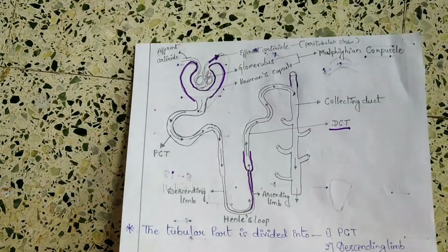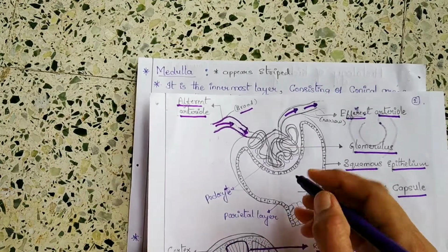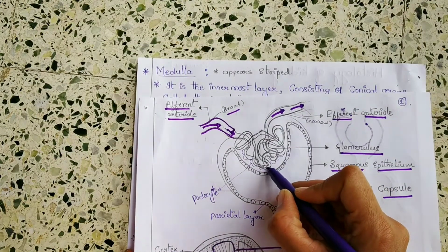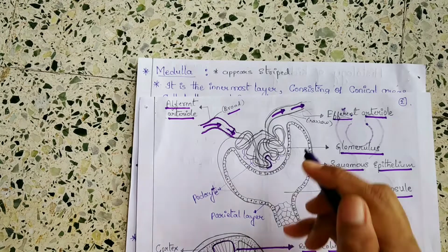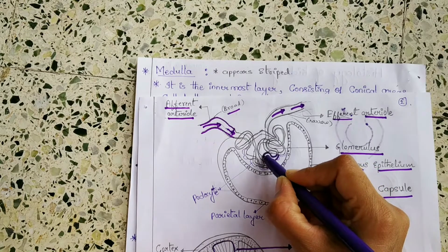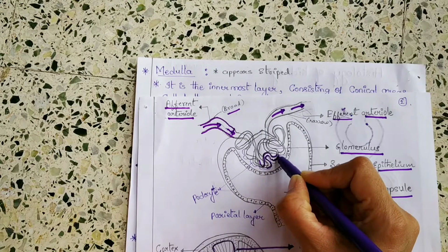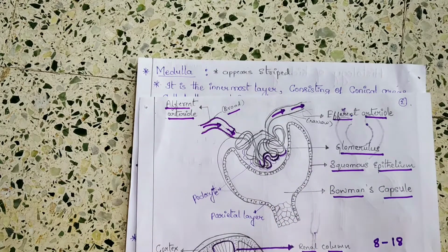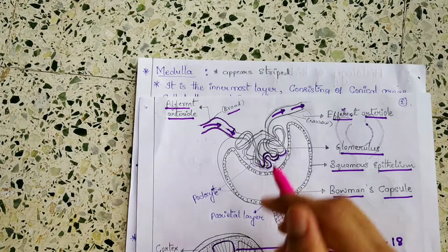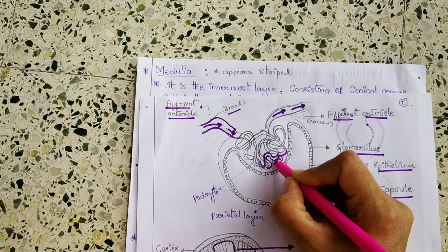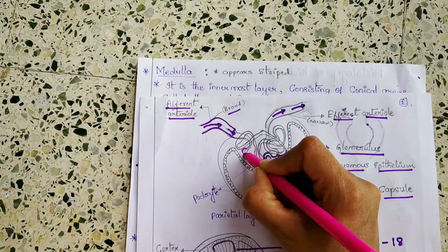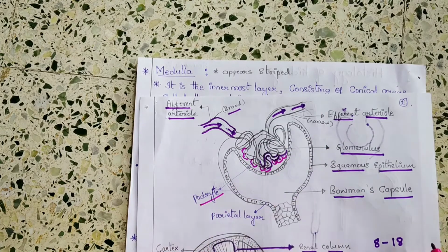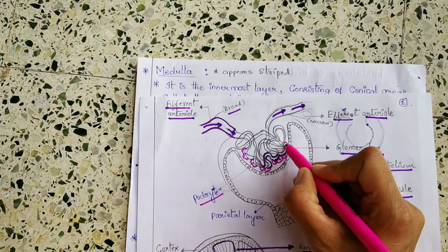You can look at the diagram here: these are the glomerulus blood capillaries. The outer surface of these blood capillaries has some cells. Those cells are called podocytes.